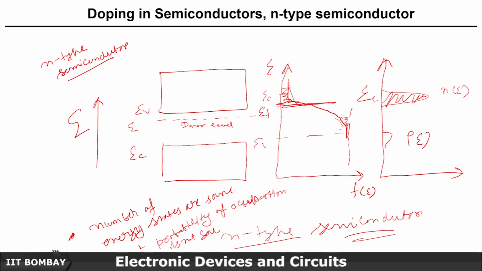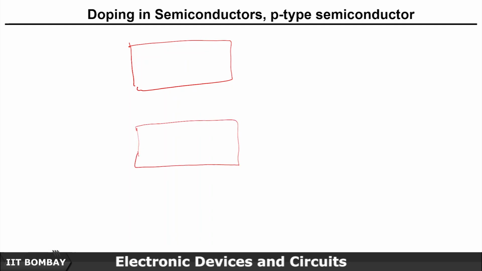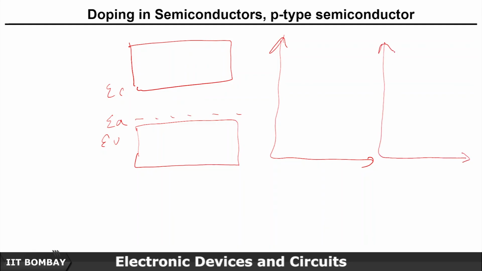Now we will see the case of a p-type semiconductor. In a p-type semiconductor you have this conduction band, this valence band, and your acceptor level is somewhere here, EA, your EC, EV. Now we know that in the case of a p-type semiconductor the number of holes will go dramatically high.